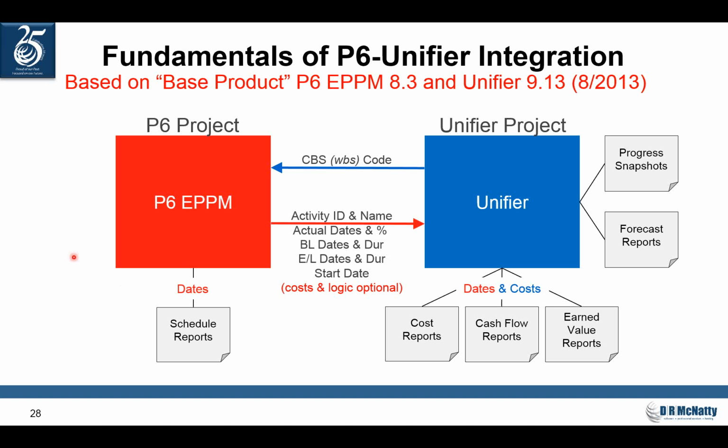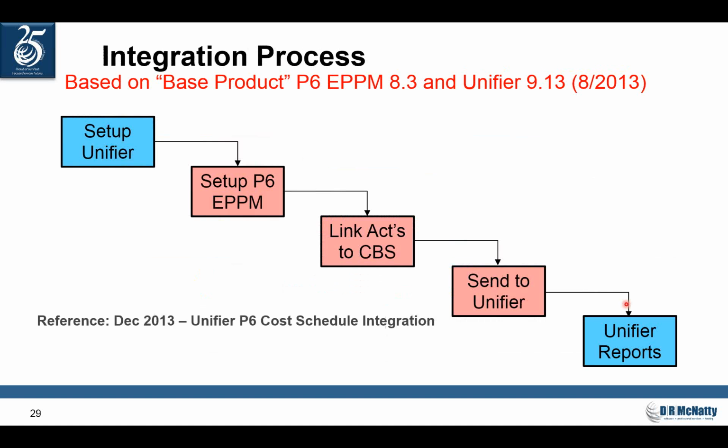If you're going to do some serious summary level earned value, you're going to have to write some custom code to do it. But we find that there's a lot in Unifier that requires custom programming to make it do exactly what we want it to do. So in this case here, we've got the platform of P6 and Unifier, schedule information coming out of P6, cost earned value coming out of Unifier.